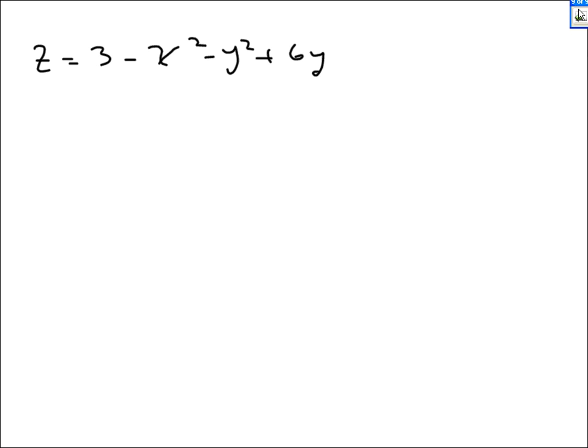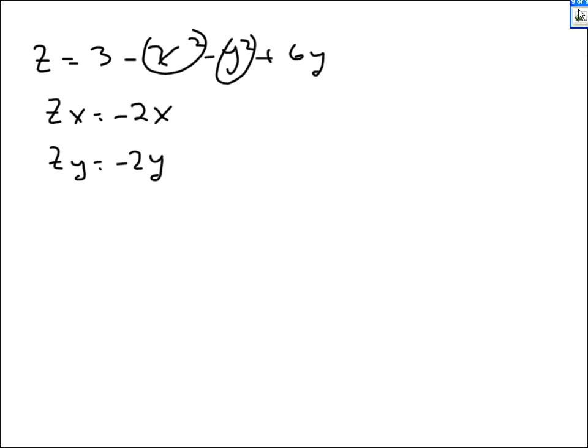And again, you want to find a point on the surface where the tangent plane is horizontal. This is a very simple problem. z sub x is negative 2x. z sub y only comes from there. It's negative 2y, excuse me, plus 6.